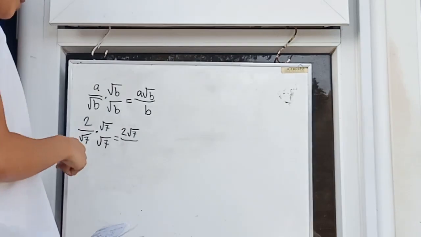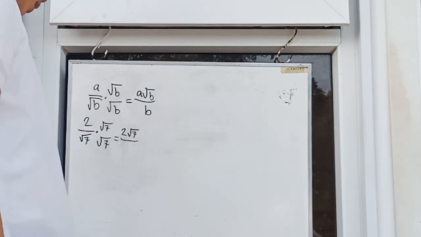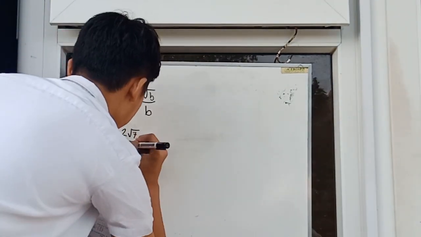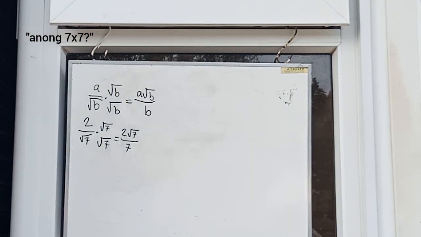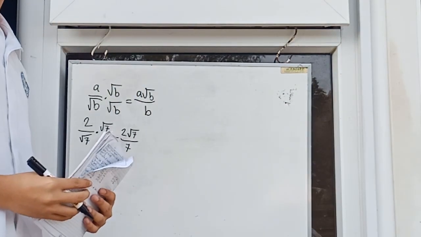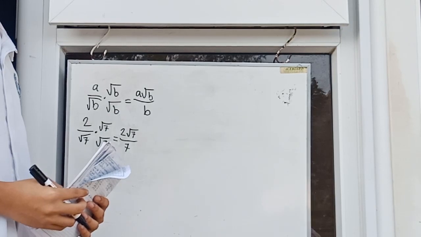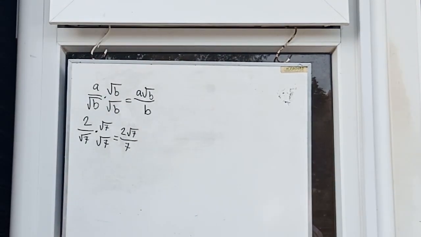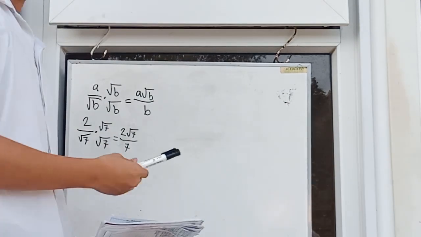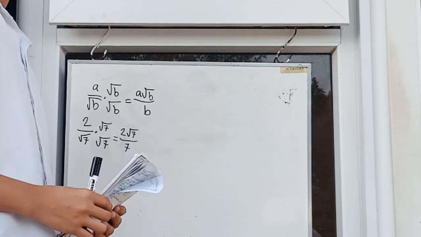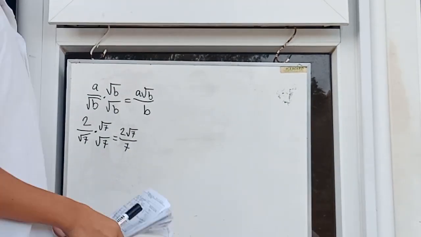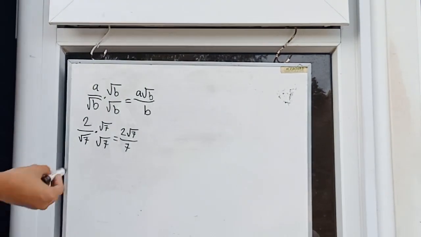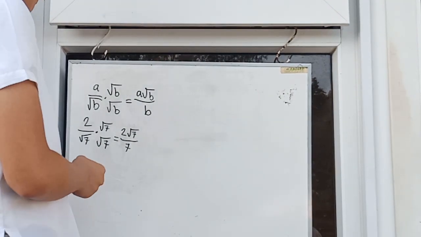If you multiply square root of 7 by square root of 7, it's going to be 7, because if you multiply 7 by 7, it's going to be 49, and the square root of 49 is 7. But you do that when it's not a perfect square.